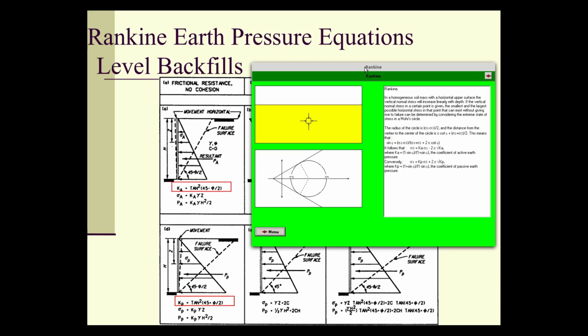Basically what we're doing is we start at a certain stress state, and for active we expand it, or contract it with passive, and we come up with a lateral earth pressure coefficient, and that can be based strictly on Mohr Coulomb theory. You remember some of the stuff we looked at earlier about that.